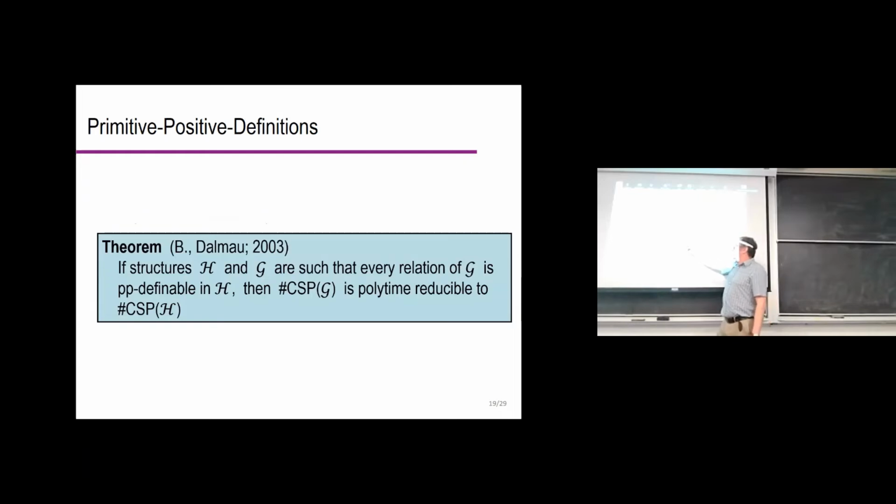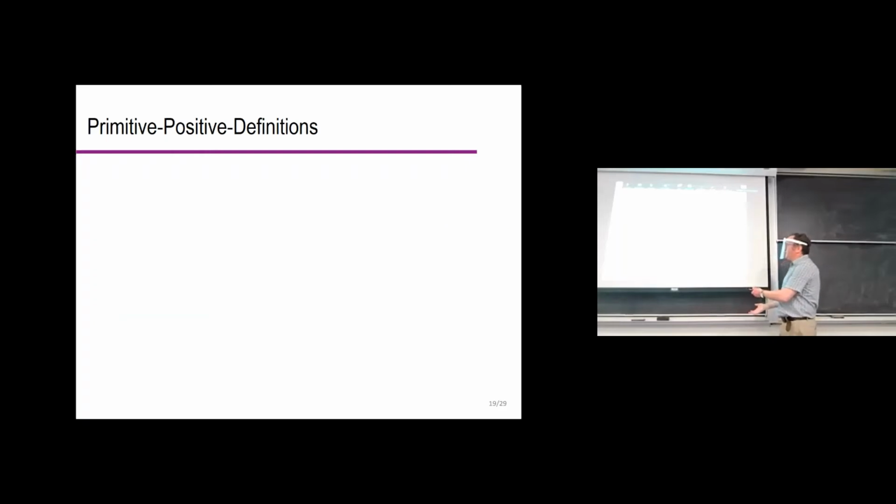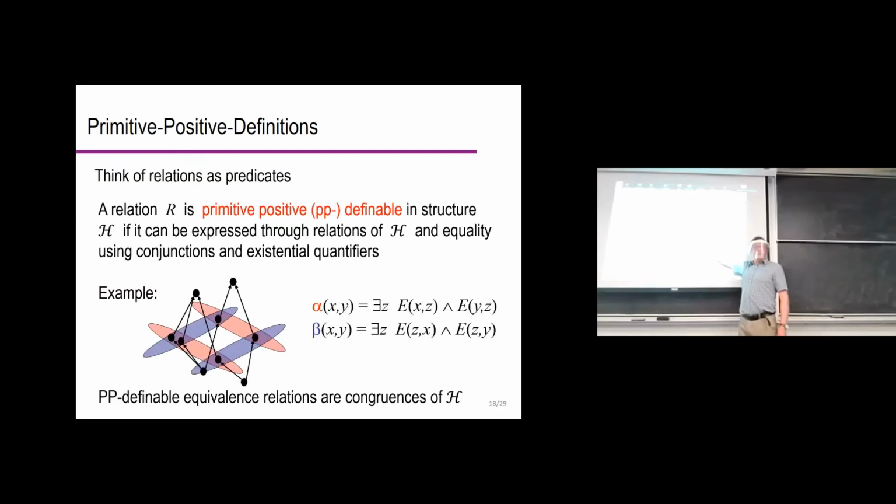So CSP of G is reducible to CSP of H. In that sense, if I can PP define something, I can use it to prove hardness. So for instance, in the previous slide, since I can define these two guys, I can immediately say that this CSP is hard, because I know that for these two equivalence relations, the problem is hard. So it's enough to just PP define bad relations, and we are done in a sense.